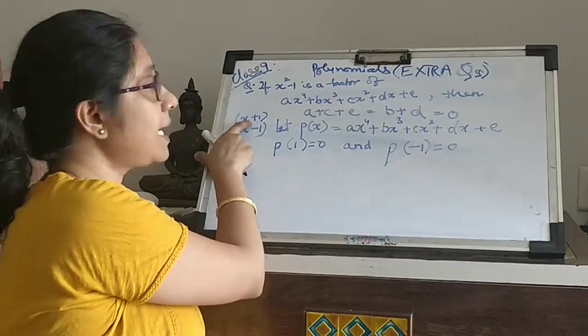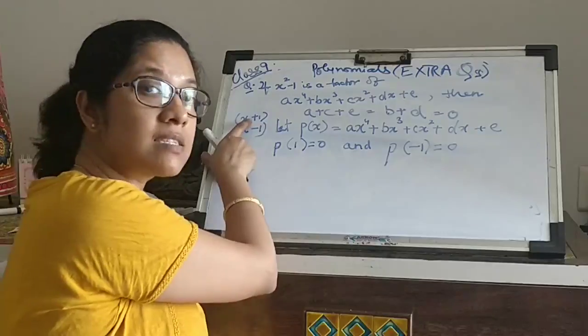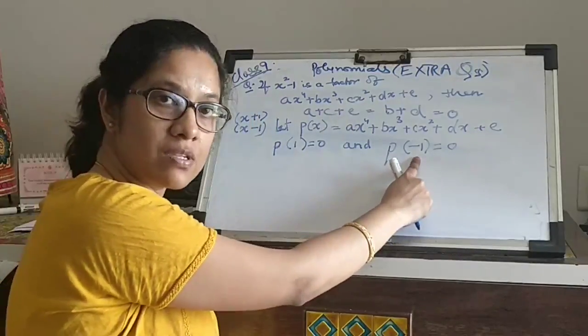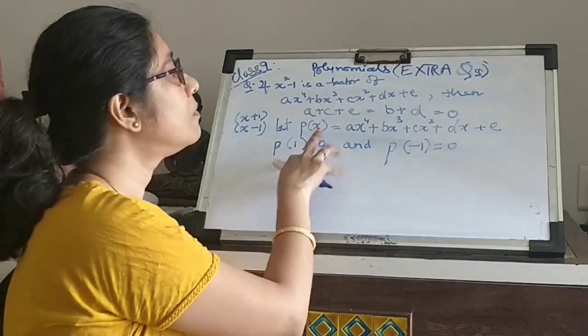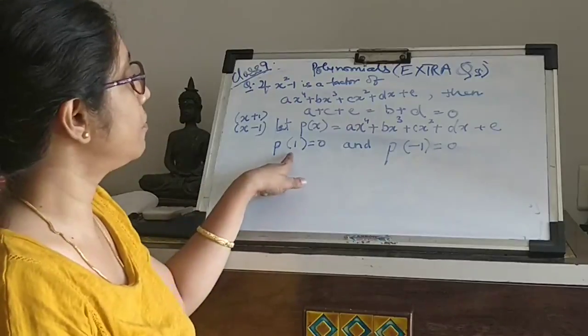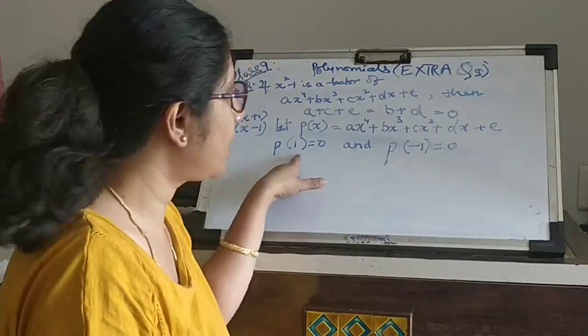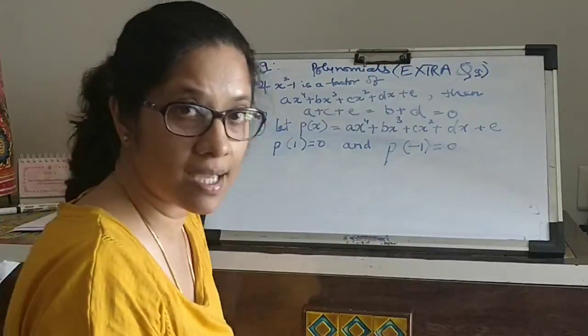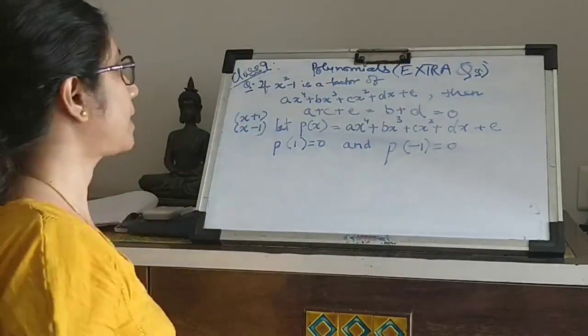From here we find x plus 1 is a factor, which means x minus of minus 1 is a factor, and therefore p minus 1 is also 0. The moment I get into this, half my problem is solved. All I need to do is substitute 1 and minus 1 in the given polynomial px and see what I can get from there. Okay?